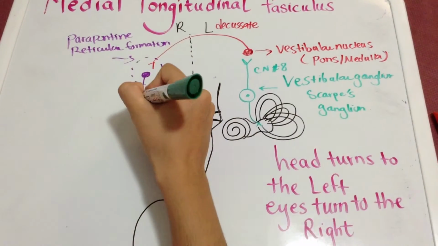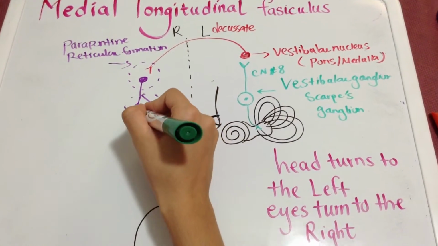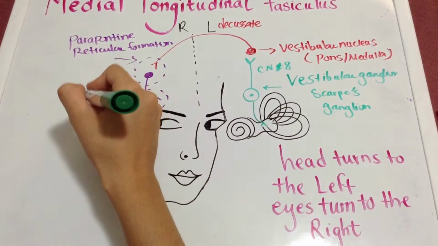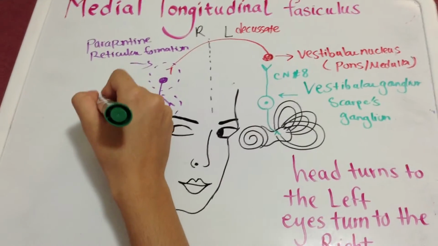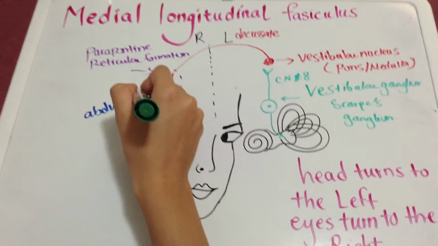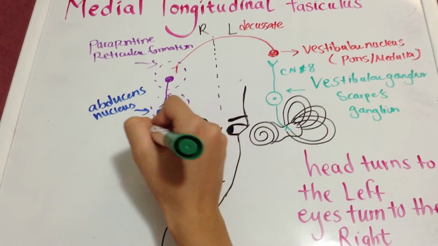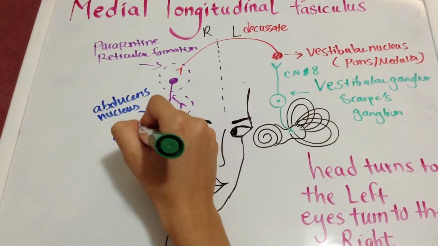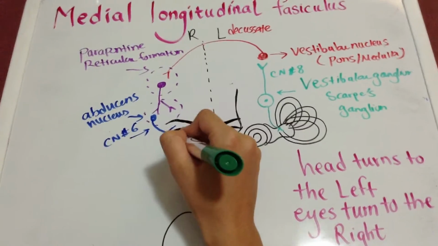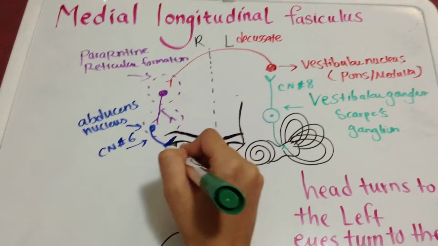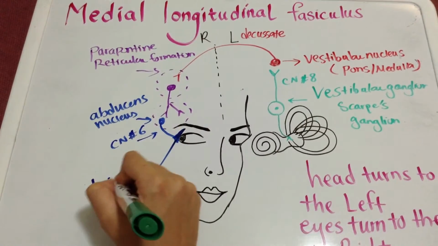One of them is abducens nucleus, which will send its nerve, the abducens nerve, to innervate the eye muscle. So you have abducens nucleus, which will send cranial nerve 6, abducens nerve, to innervate the muscle over here to abduct the eye, and that would be lateral rectus.